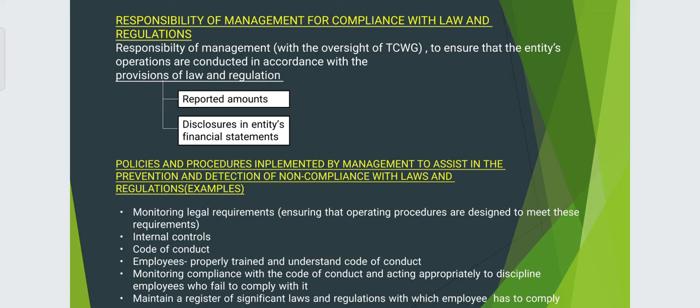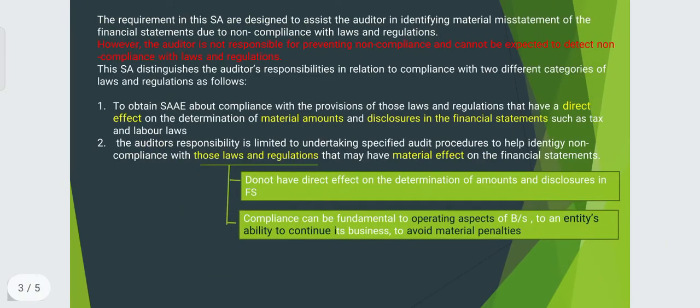Now coming to the next slide, which states the following lines that I have explained to you earlier also. The requirement in this SA are designed to assist the auditor in identifying material misstatement of the financial statement due to non-compliance with laws and regulation.